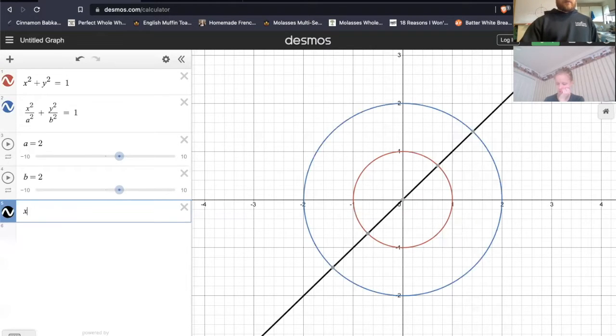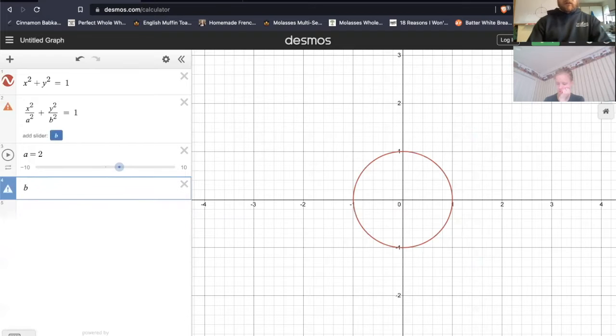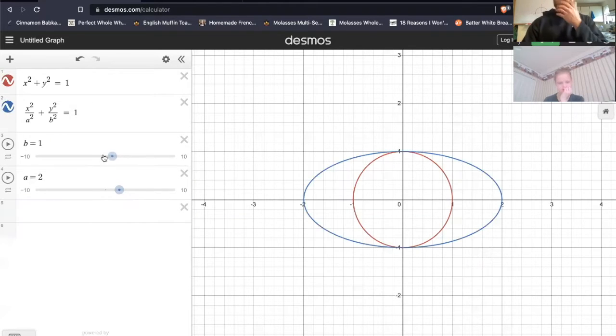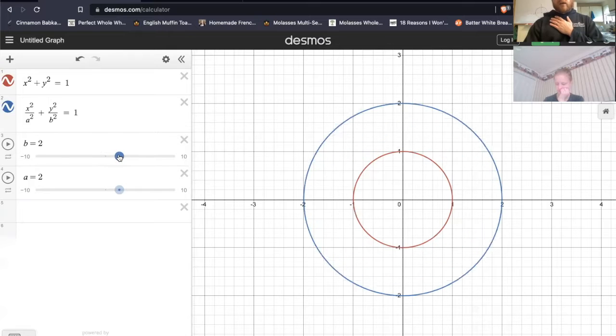So long story short, a circle is a special case of an ellipse. And we could write any circle as an ellipse. It just happens to be that both the a squared and the b squared are exactly the same.